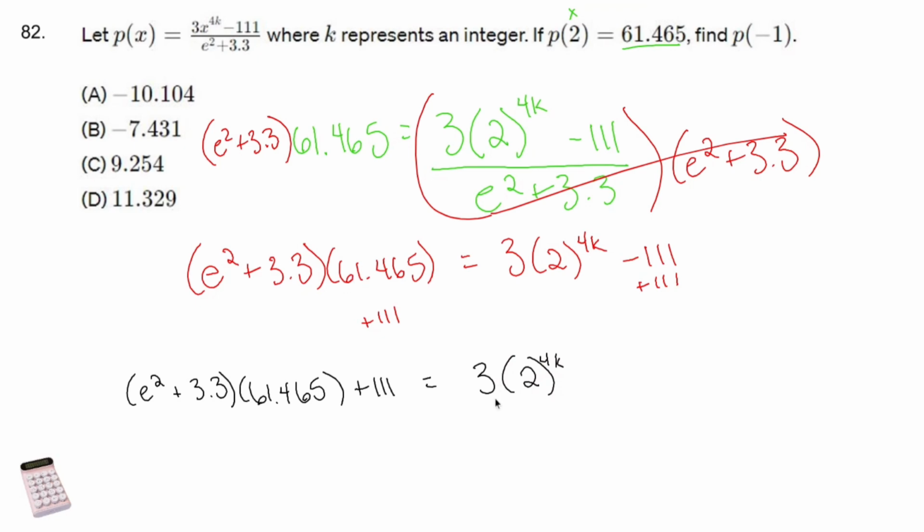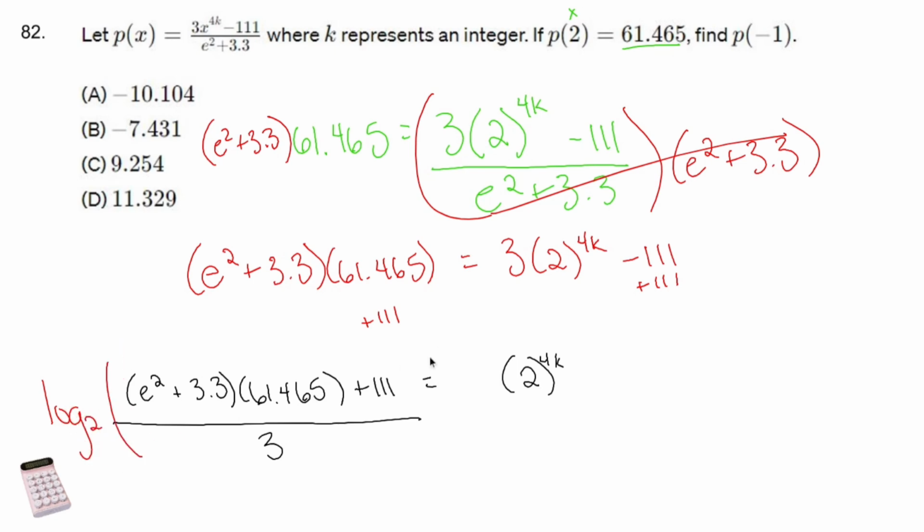All right. Divide both sides by 3. That makes the 3s go away. I think we're all good with that. This is going to be the nightmare. I'm going to have to log base 2 both of these.